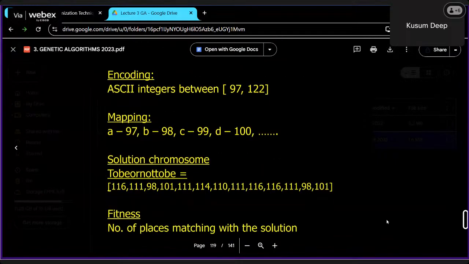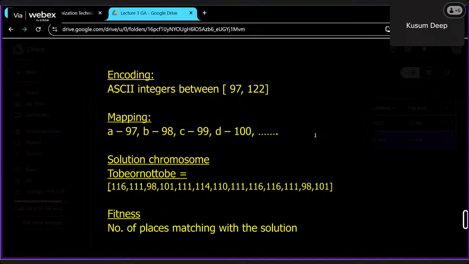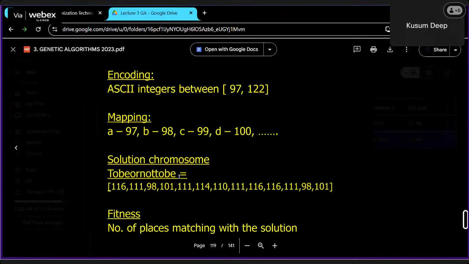Now, the first thing is the encoding. ASCII integers between 97 and 122 are used. The mapping can be defined with the ASCII numbers: A goes to 97, B goes to 98, and so on. The solution chromosome is to be or not to be.